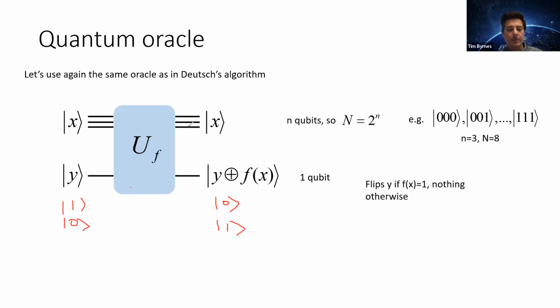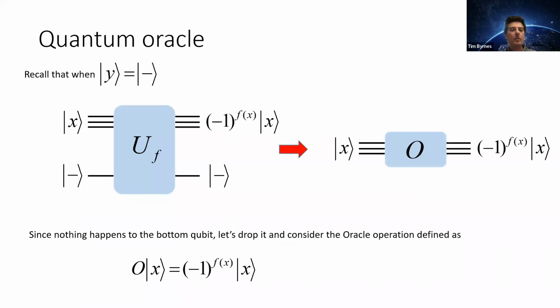So it's basically the same setup as Deutsch's algorithm, if you remember how that is. Okay, so that's how we're going to implement the quantum version. And then remember that also in Deutsch's algorithm, we eventually prepared this input state here to be the minus state.